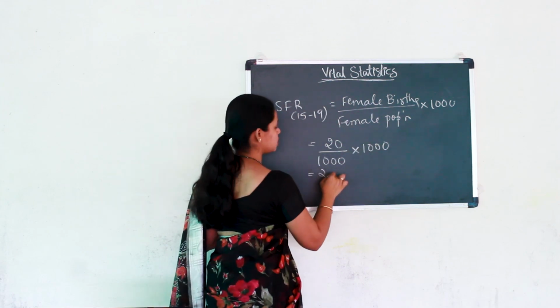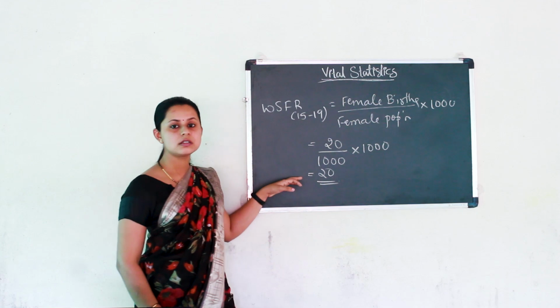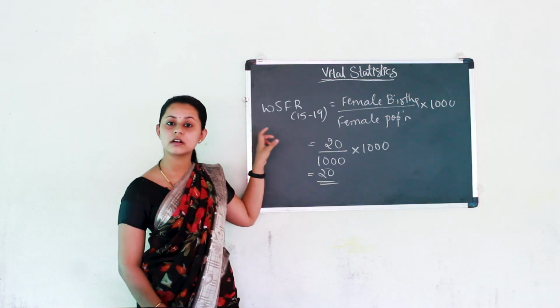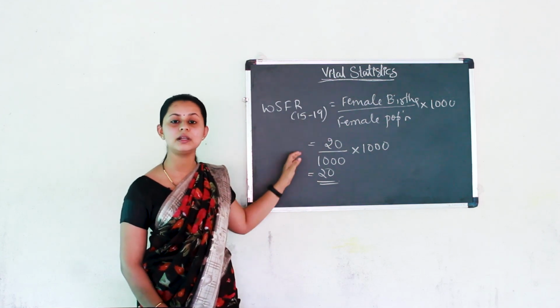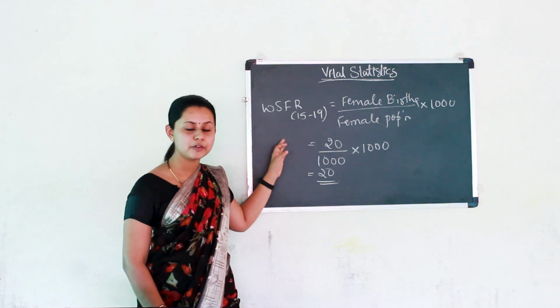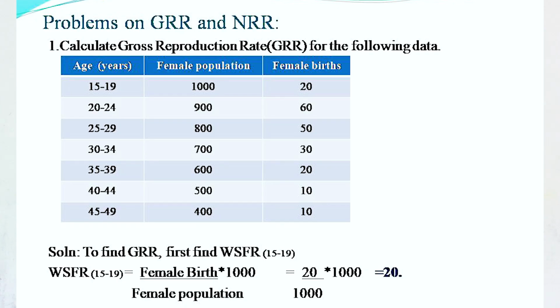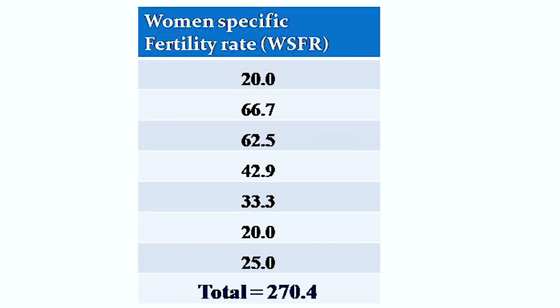So the answer is 20 for the age group 15 to 19. Similarly, you have to calculate the women specific fertility rate for the rest of the age groups. The values are 20, 66.7, 62.5, 42.9, 33.3, 20 and 25.